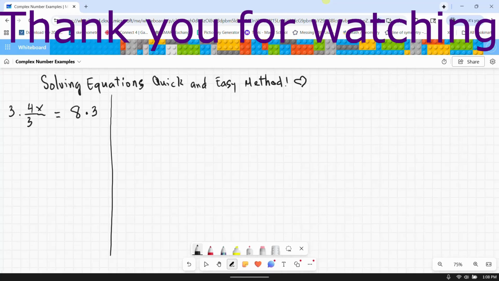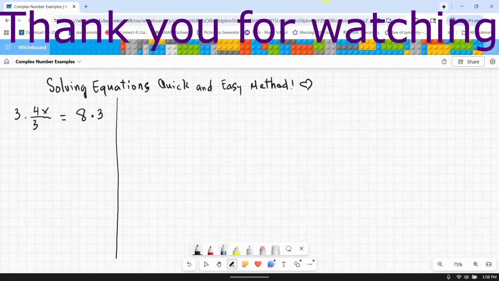So this 3 cancels out. Okay, and you're going to have 4x equal to 8 times 3, which is 24. And then you divide this by 4. You get x equal to 6.